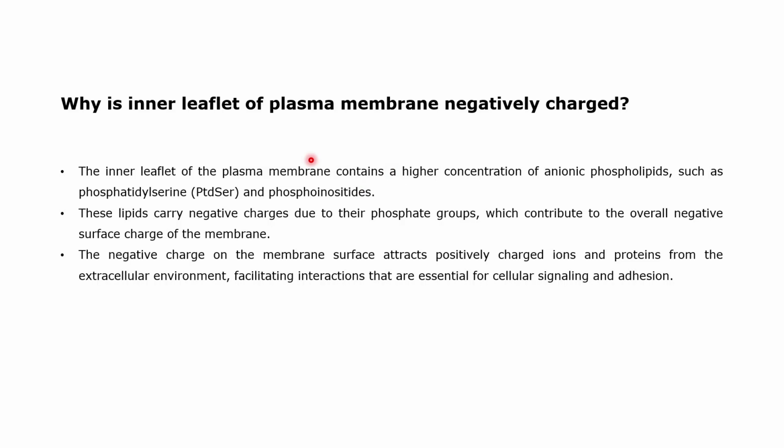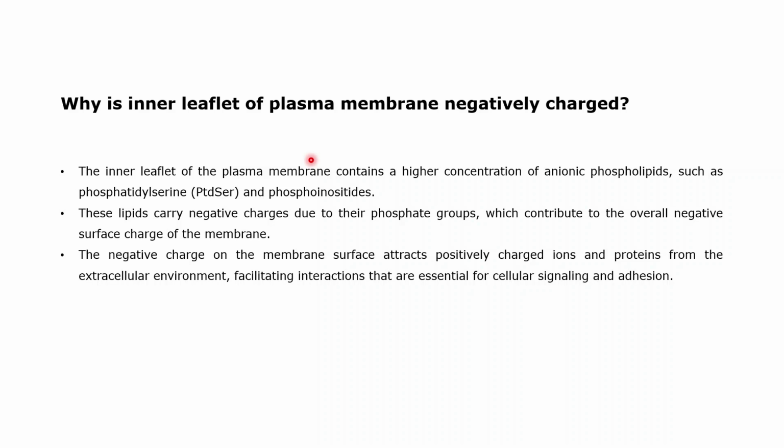The outer leaflet tends to be positively charged, and there is also a charge potential difference because of several ions: sodium, potassium and chloride. Potassium is usually present inside the cells, and sodium and chloride are present in the outermost environment.